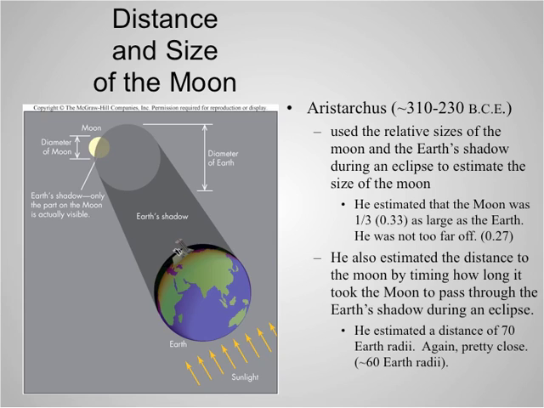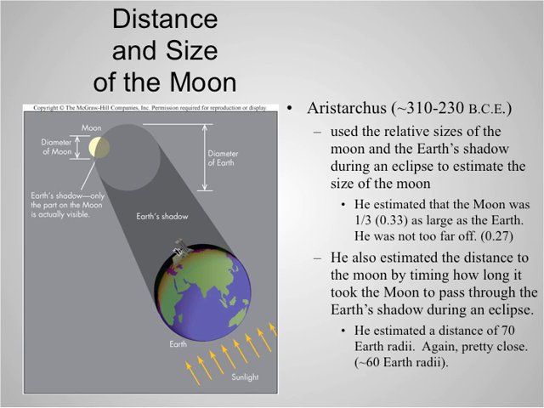Arcturus, who lived around 300 BC, was able to go a little bit farther and estimate the size of the Moon in relation to the size of the Earth. He did this based on the shadow that the Earth cast during an eclipse, and he estimated that the moon was about a third of the size of the Earth. This was a fairly accurate estimate.